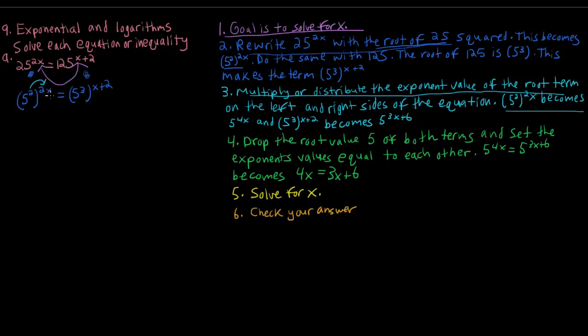So 5 cubed times x and times 2. So 2 times 2x, you end up with 4x equals 3 times x, you end up with 3x. 3 times 2 is 6, so 5 raised to 3x plus 6.